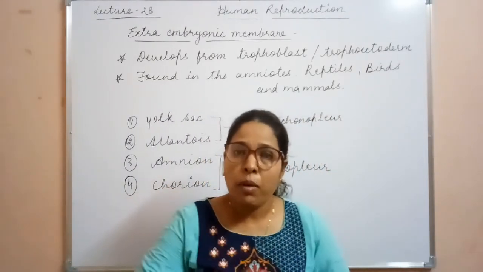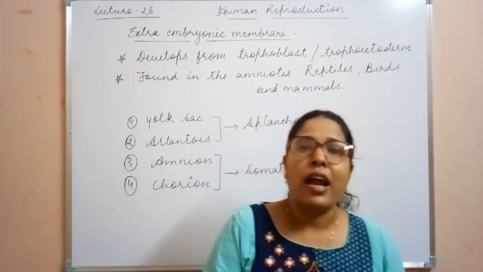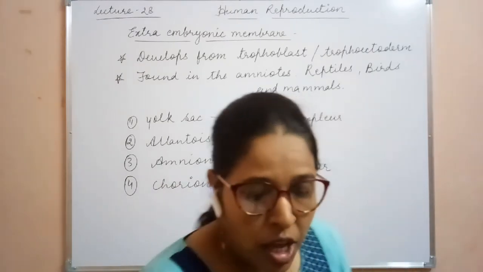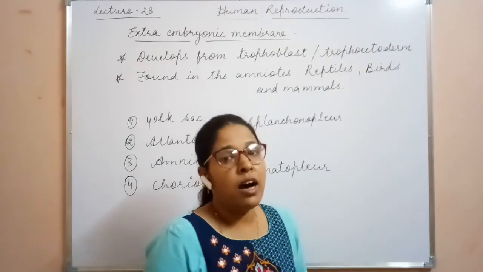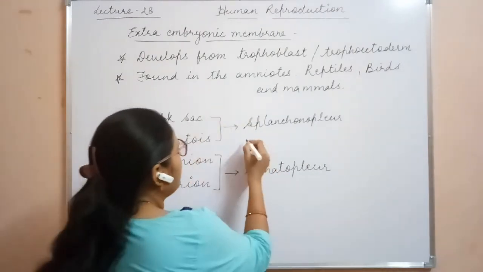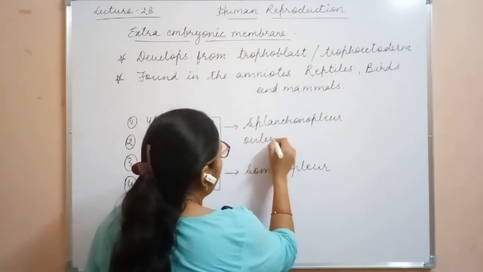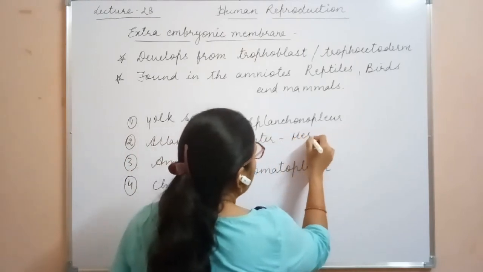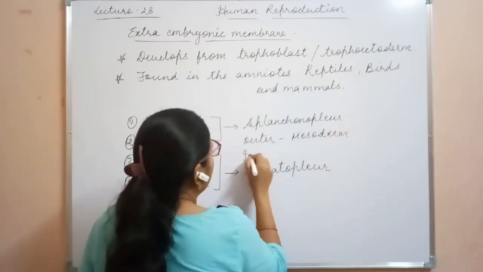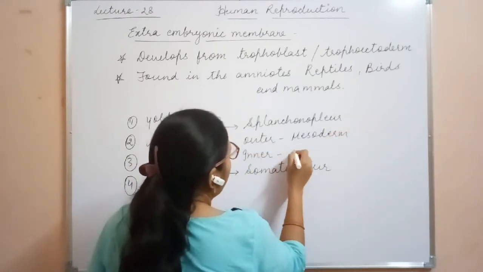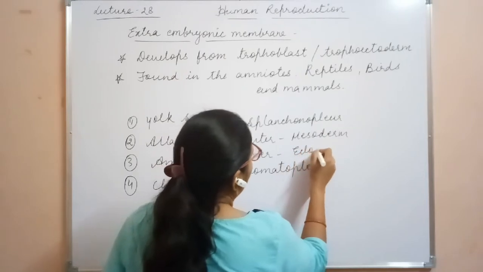The outer membrane of yolk sac and allantois is mesoderm, and the inner membrane is ectoderm.